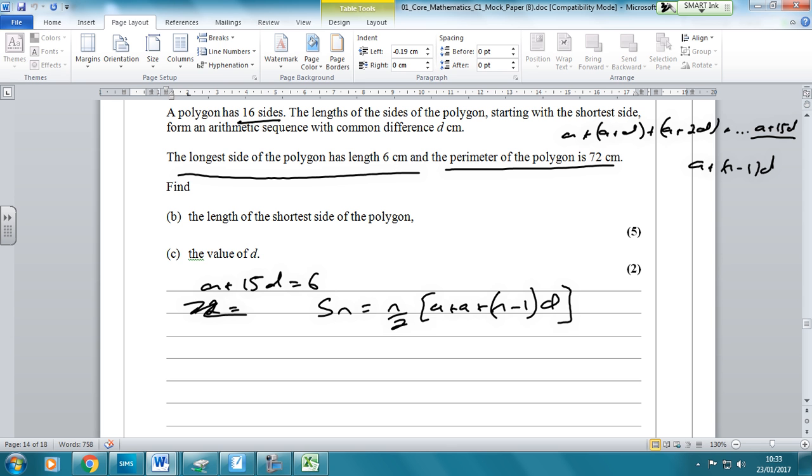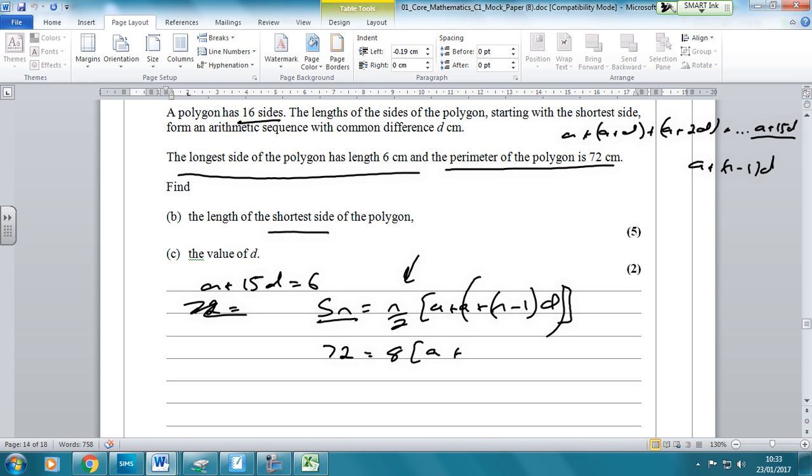So let's fill in the information that we know. We know the sum of the series is 72. We know that n is 16, so n over 2 is going to be 8. We don't know what a is, because that's what we're trying to find. We're trying to find the shortest side. But we do know that a plus n minus 1 d, that's going to be the last side.